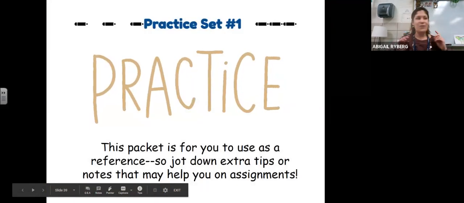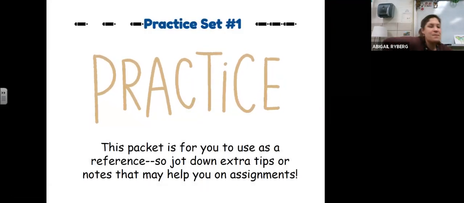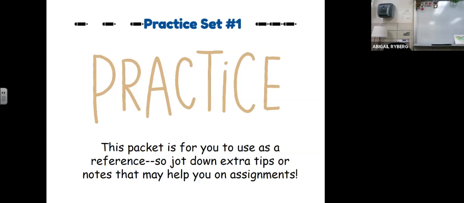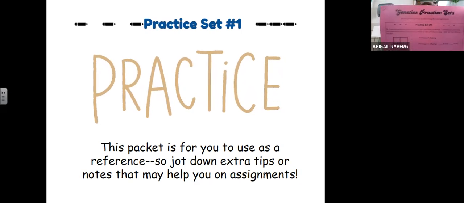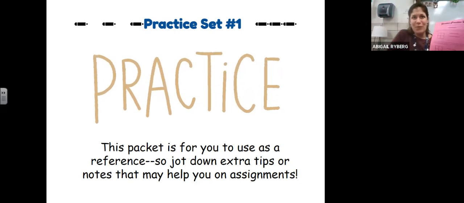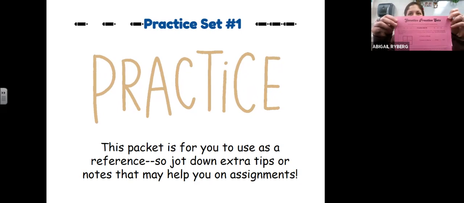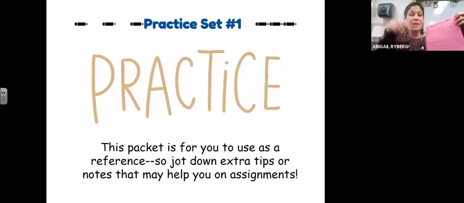Okay, so for the first time, those of you in the classroom are going to have a packet that looks like this, which is the genetics practice set. I've never done this before, but I think it'll work really nice. This is for you that are in the classroom.